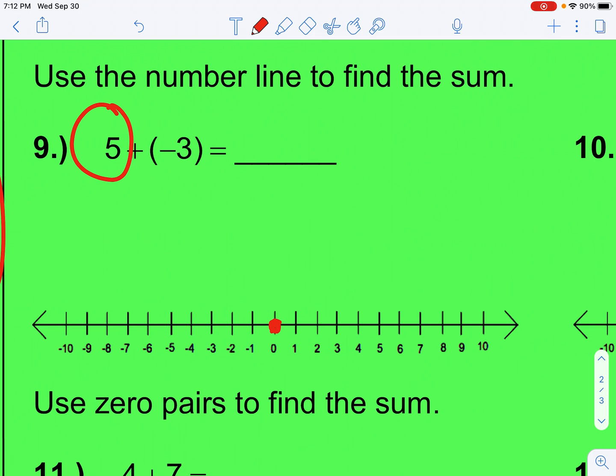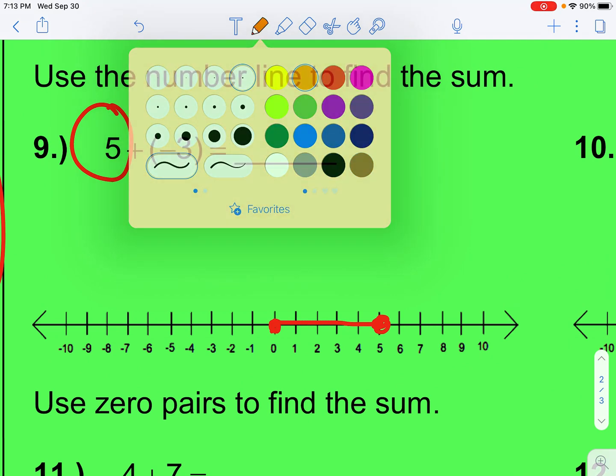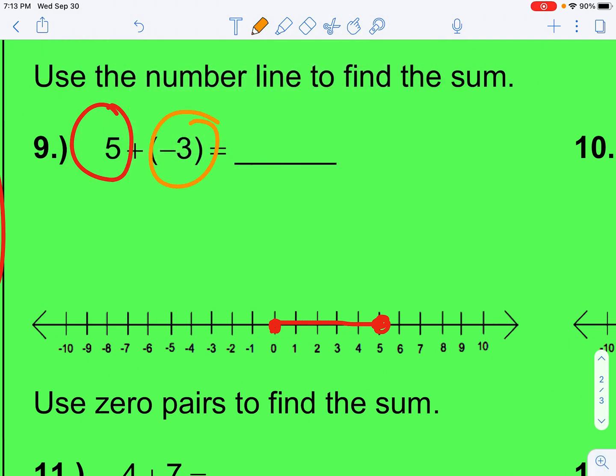I'll start at 0 for this one, and then the next one I'll start at the first number. So my first number is 5, which tells me I'm moving positive, which is to the right. And then my second number is a -3, and negative tells me I'm moving to the left. So I'm going 1, 2, 3 places over. So my new answer is 2.